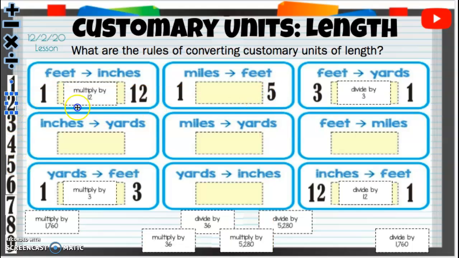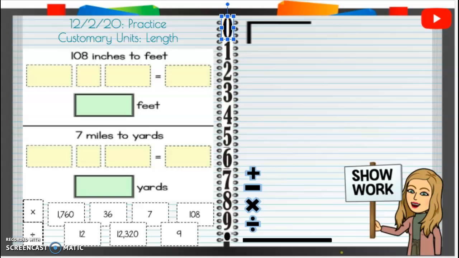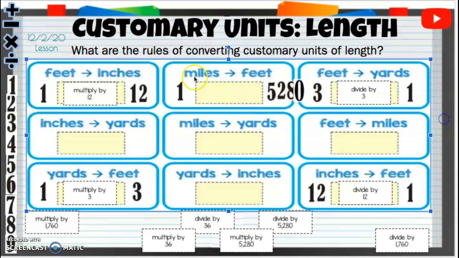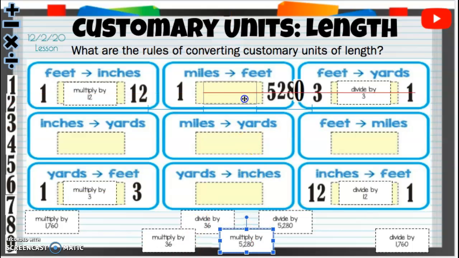So how do I get from 1 to 5,280? I'm going to multiply by 5,280. So multiply by 5,280.